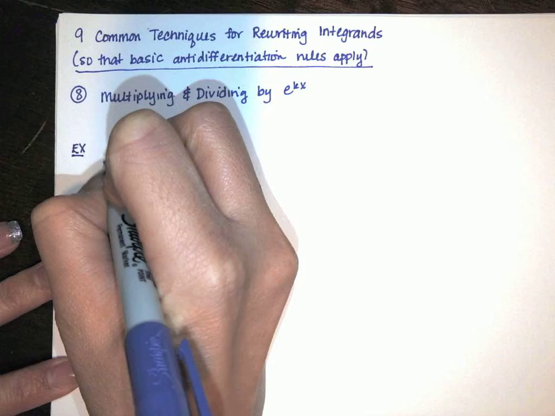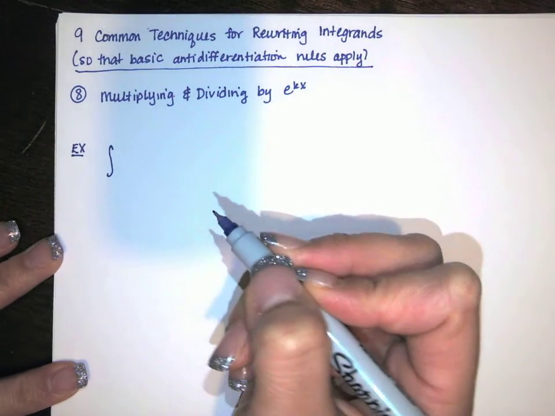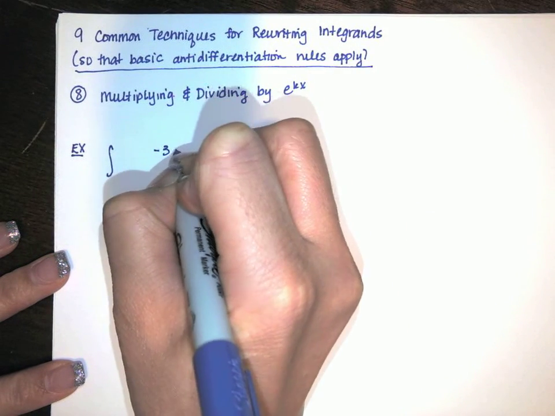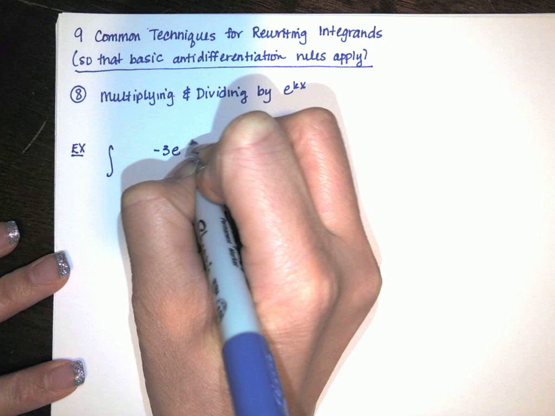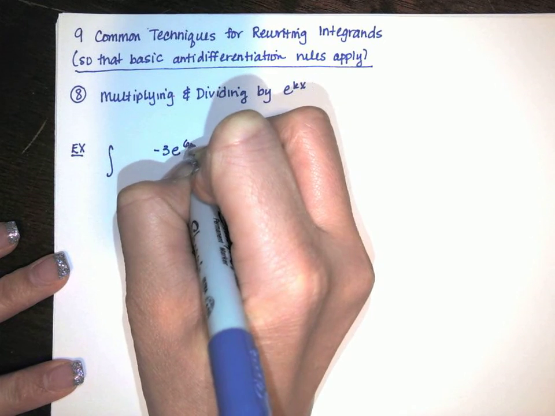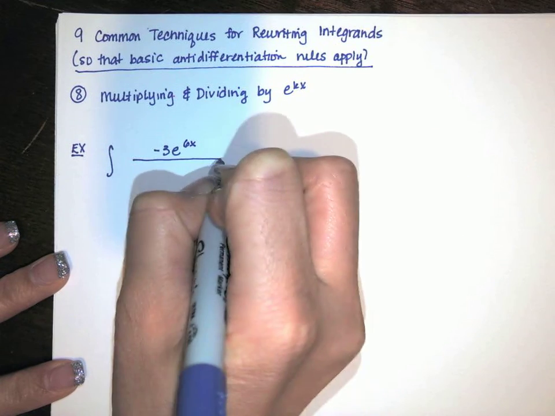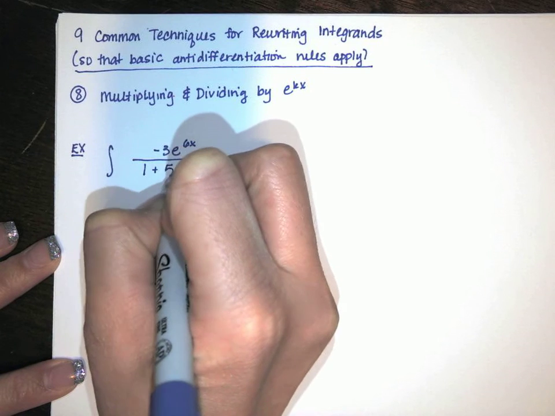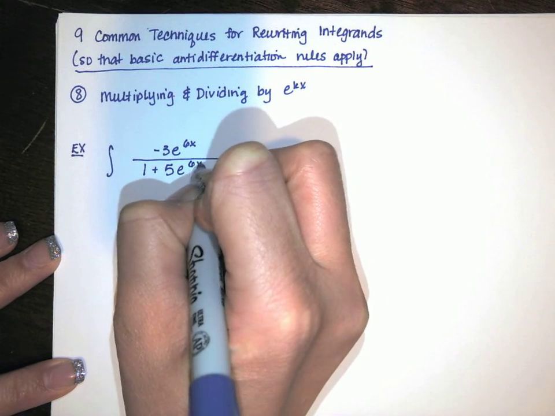And just for the sake of comparison, I want to show you something very similar. So let's say we've got negative 3 over e to the 6x, all divided by 1 plus 5 e to the 6x dx.